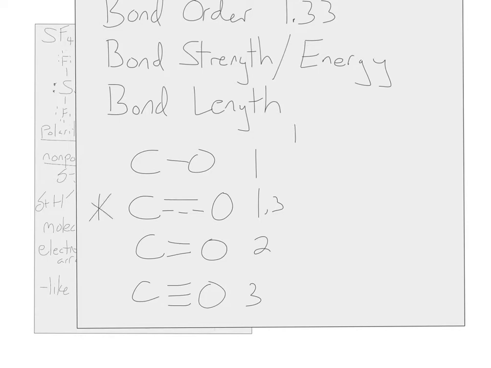We can rank them. Single bonds are the longest, farther apart, and they have the least amount of energy to overcome. They have the lowest energy, and then the triple bonds get really close together. They are really short bonds, and they're very, very strong. They're the strongest. And the carbonate falls right in between the single and the double bonds. It actually is in the middle.